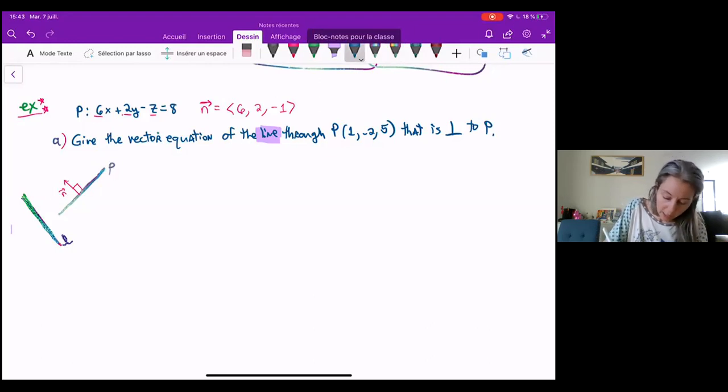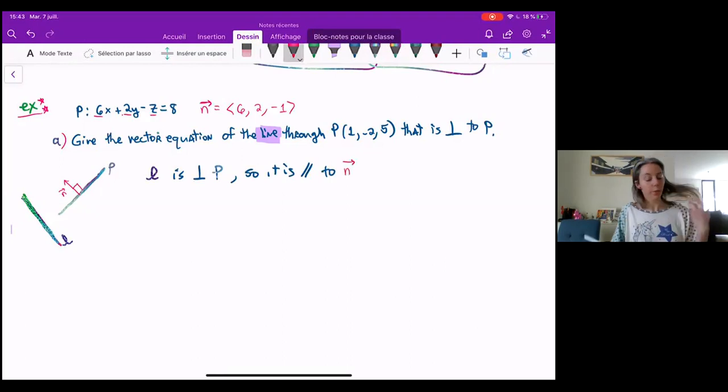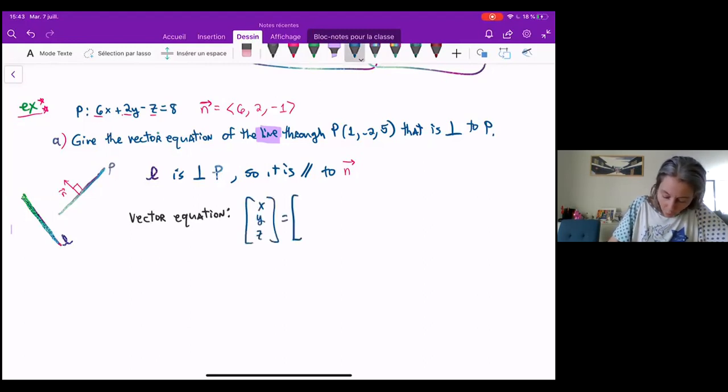So what we can say here is that my L is perpendicular to P, so it is parallel to that normal vector. Now, if we recall, to do the vector equation of a line, I'm going to need (x, y, z) equal to some point.